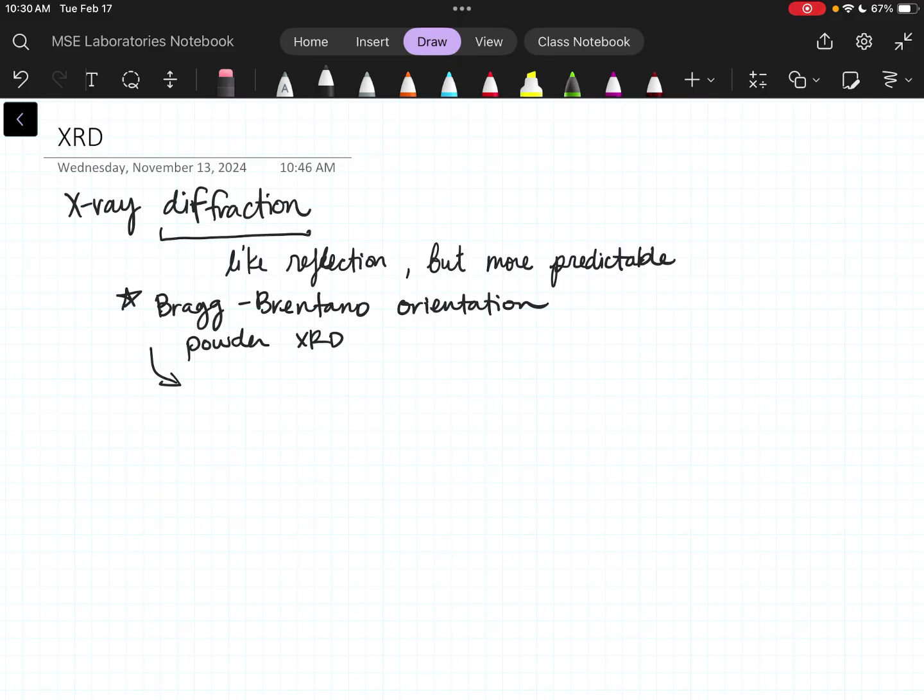So Bragg-Brentano orientation is assuming that we have randomly oriented grains, whether that's because it's a powder or because it's a metal with randomly oriented grains. And homogeneity is important here.